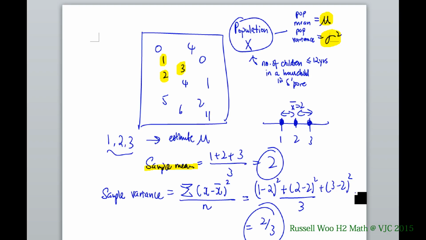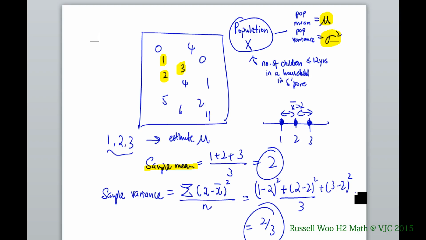Later on you'll see that this is not an unbiased estimate of the population variance. Unbiased estimate means if you do enough times, ultimately this will tend towards the true value. It's not a good estimate. It's not accurate at all.